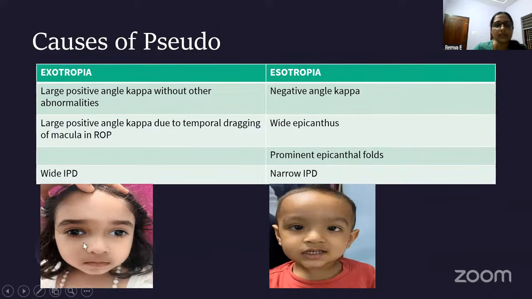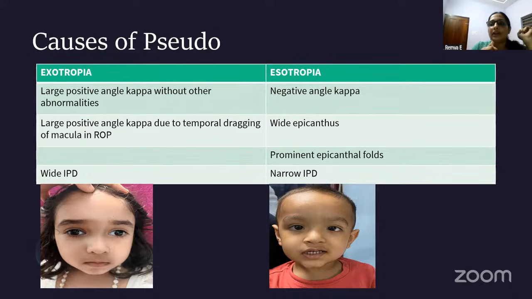This child looks exactly like an exotropic, right? But it is not. Sometimes a wide IPD can also give rise to an exotropic look. Whereas pseudo-esotropia is due to negative angle kappa, wide epicanthus as in this case, prominent epicanthal folds and narrow IPD.